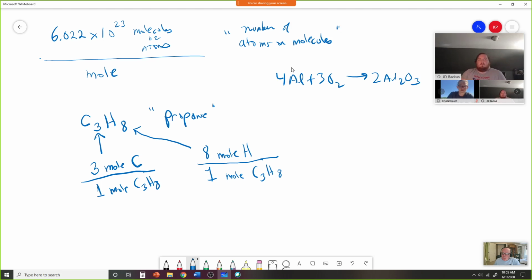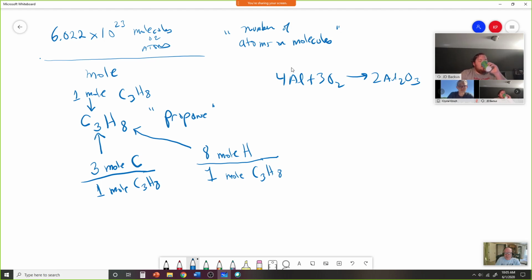Okay, so I'm showing you this because when we say that we have this molecule here, what we're really saying is that this is 1 mole. This represents 1 mole of C3H8. That's what it represents. For every 1 mole, you have 3 moles of carbon. For every 1 mole, you have 8 moles of hydrogen.